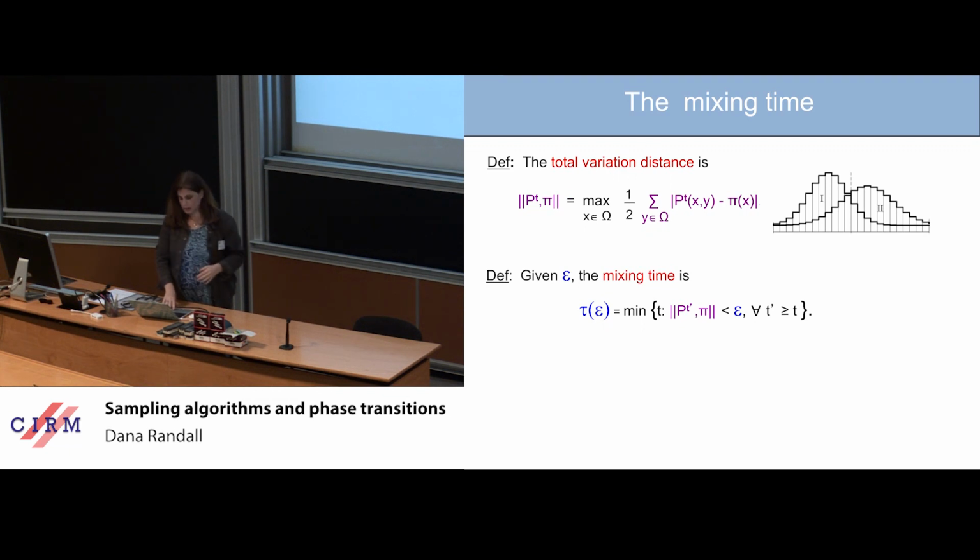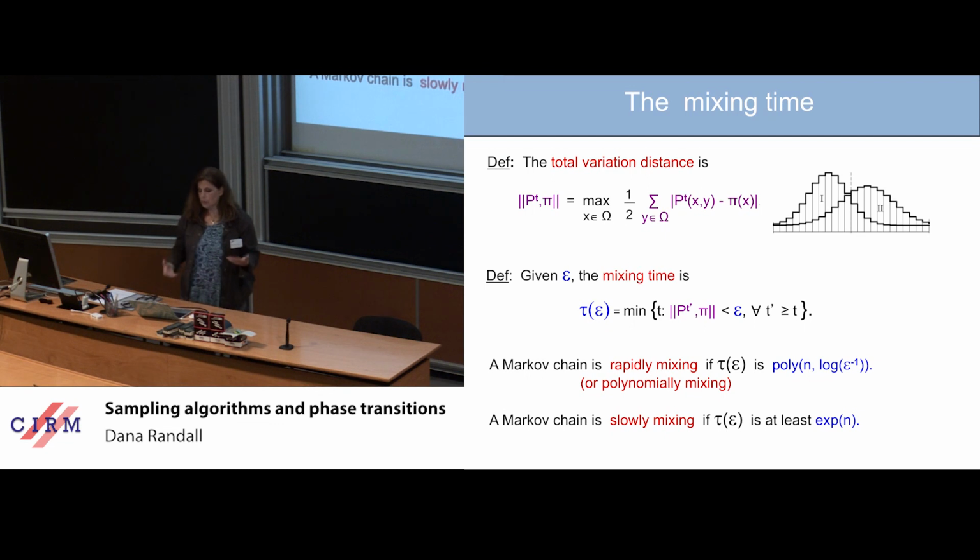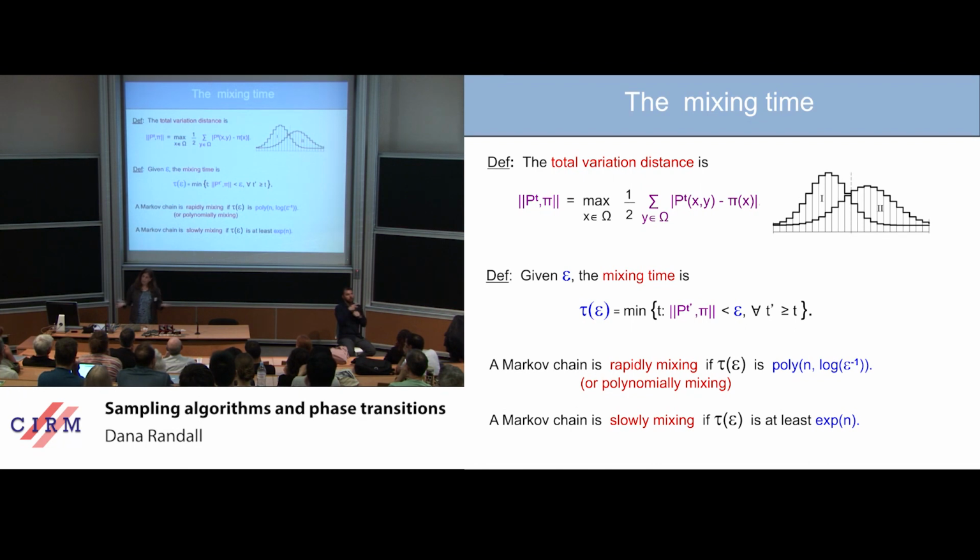Okay, so this is going to be decreasing. And I'm using the computer science terms that a Markov chain is rapidly mixing or polynomially mixing, if starting at my initial configuration, after polynomial time, I'm within epsilon of the goal stationary distribution that I'll eventually approach.